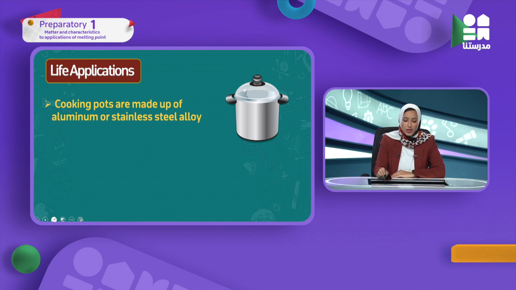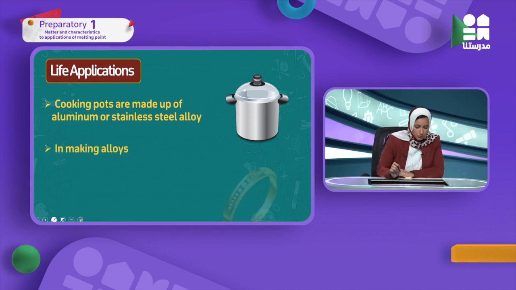If I ask you to give a reason why this cooking pot is made out of aluminium or stainless steel, it is because aluminium and stainless steel have high melting points. Imagine if you're using a cooking pot made of something with a low melting point. It's going to melt. So basically we make cooking pots using aluminium or stainless steel because they have high melting points.